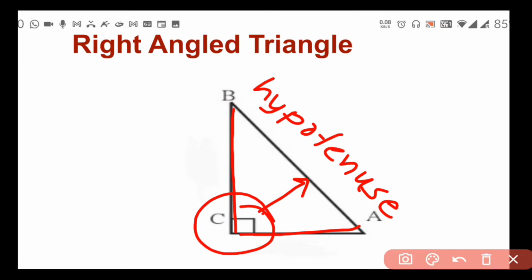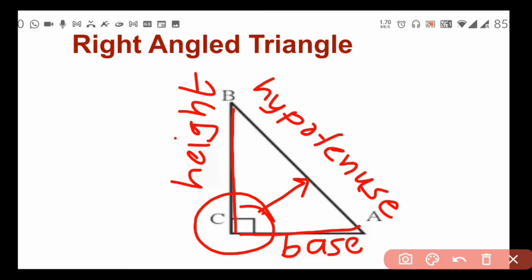So one of these sides can be considered as base of this right angle triangle, and the other side can be considered as height of this right angle triangle. It is not necessary that BC should be considered as height and AC should be considered as base. We can write BC as base also and AC as height also, because both these sides are perpendicular to each other. Perpendicular means 90 degree angle is formed.